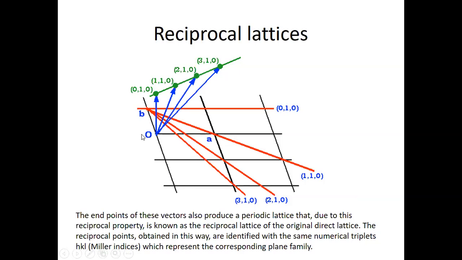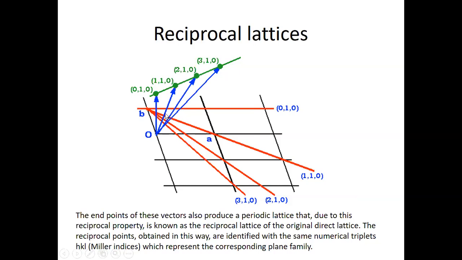The reciprocal vectors would need to stand perpendicular to these lattice planes. We can start with the 0, 1, 0 lattice plane. Our vector would need to start at the origin, stand perpendicular to our lattice plane, and have a length of 1 over the interplanar distance, which would be in this case this length. Now, what about the 1, 1, 0 lattice plane?